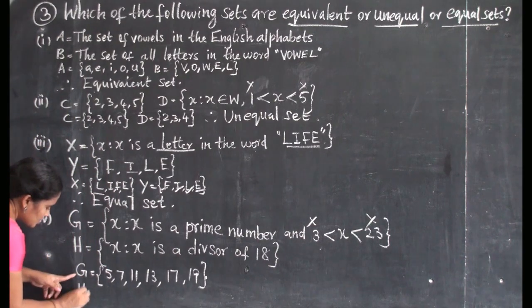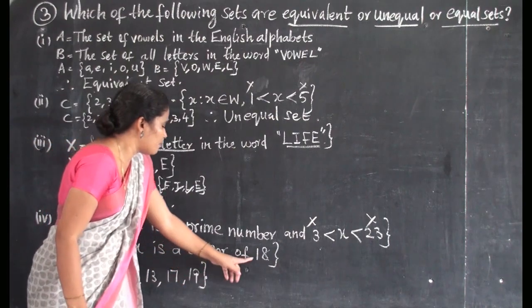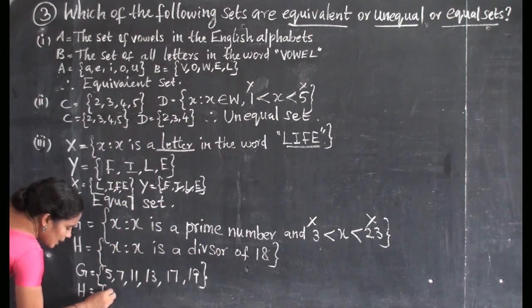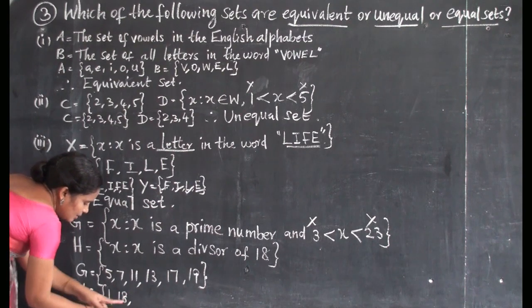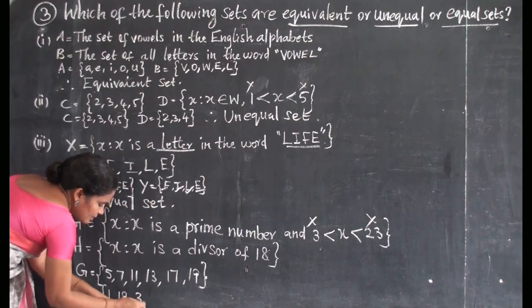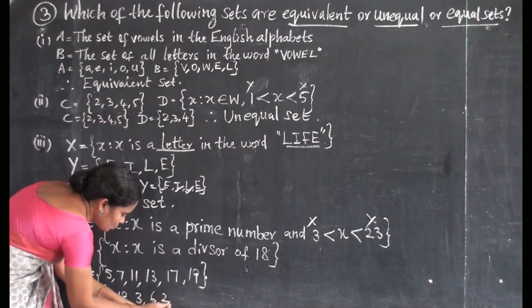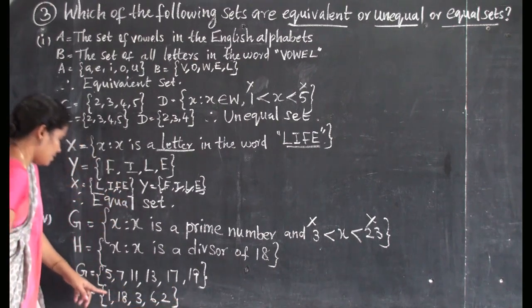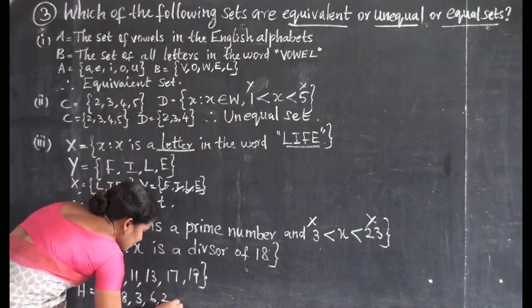And then for H, x such that x is a divisor of 18. What are the divisors of 18? 18 is divisible by 1 first of all, then 18, then 3, 3 sixes are 18, 6, 2, and 9 twos are 18.